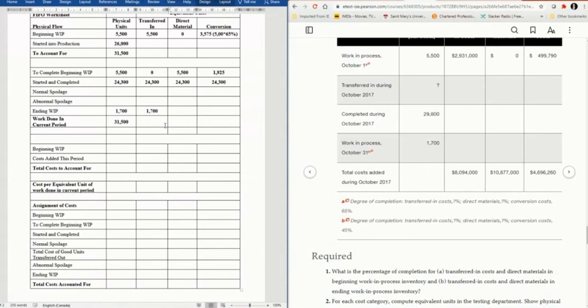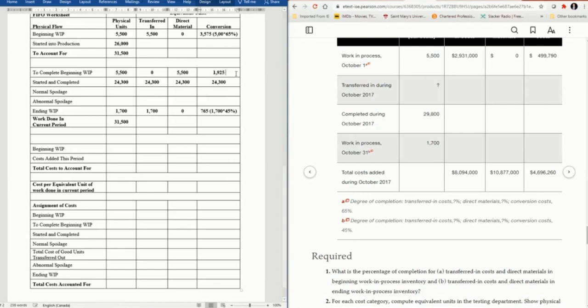No. So it doesn't have any of the cushions in it yet. But it has done 45% of the effort. So what's 45% of 1,700? I've got 765, which was the 1,700 times 45%.